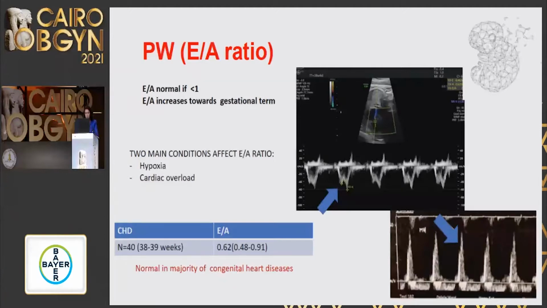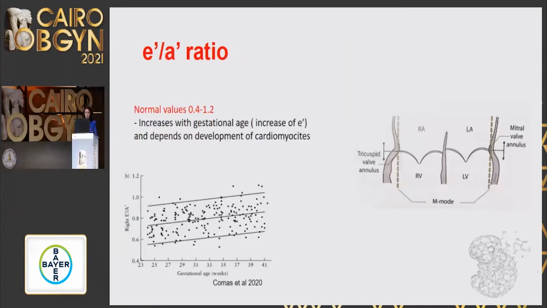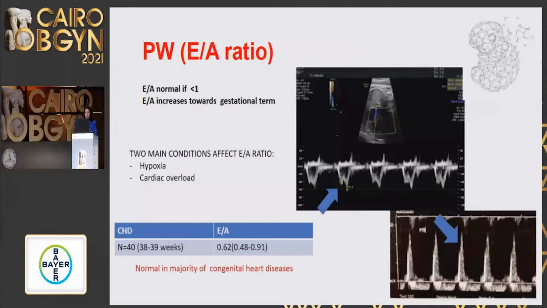It is important to evaluate inflow of the ventricles, and we can see that inflow through the atrioventricular valves has two peaks: an early peak of the early phase of passive relaxation, and an active phase for atrial contraction.